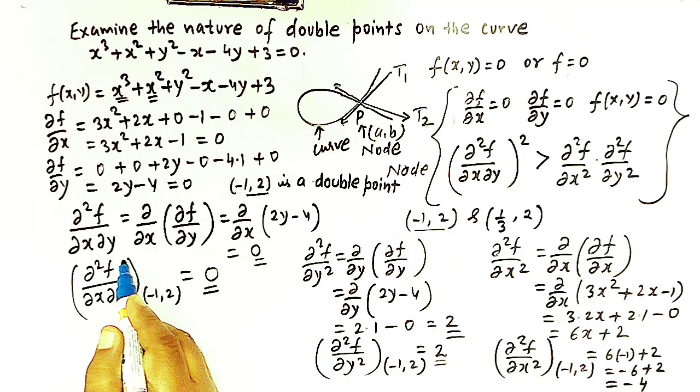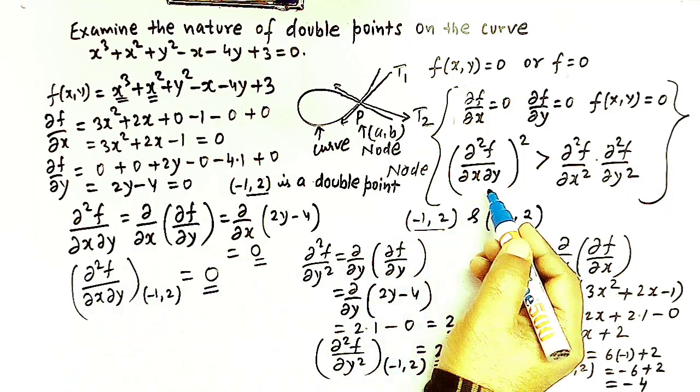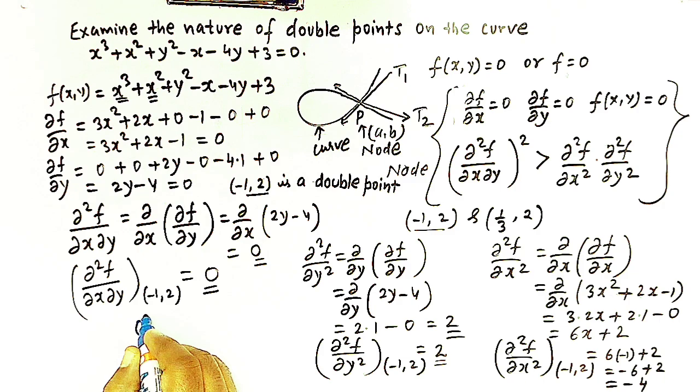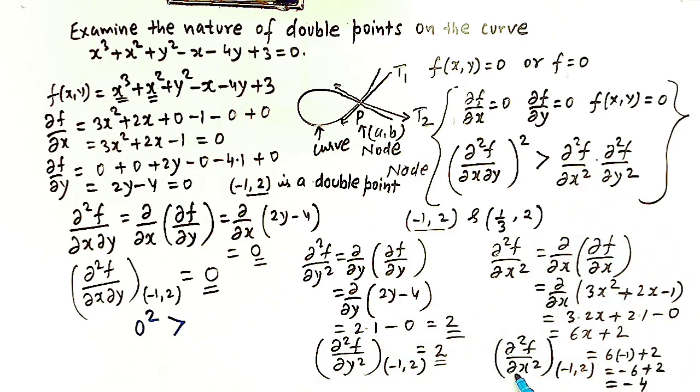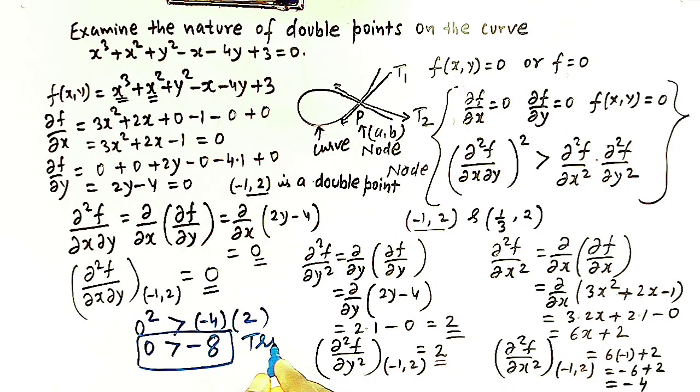So now substituting this value as 0 in this expression, we have 0 square, and then we have del square f over del x square as minus 4, and del square f over del y square as 2, right? So here we have 0, and here we have minus 8, right? And we see that this inequality is true, right? So 0 is clearly greater than minus 8.